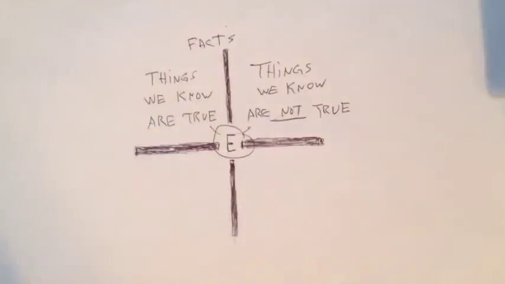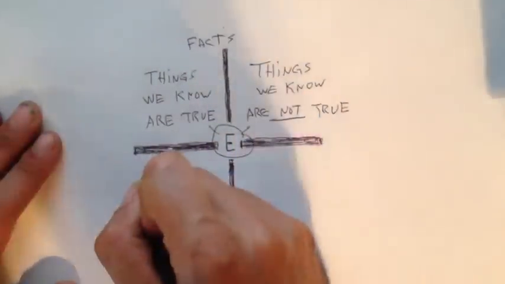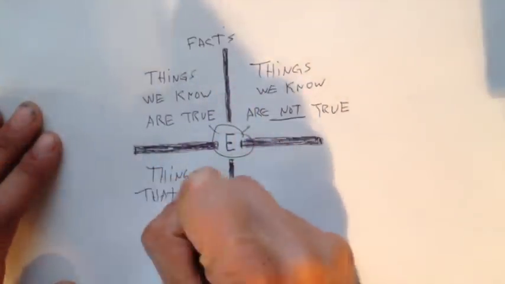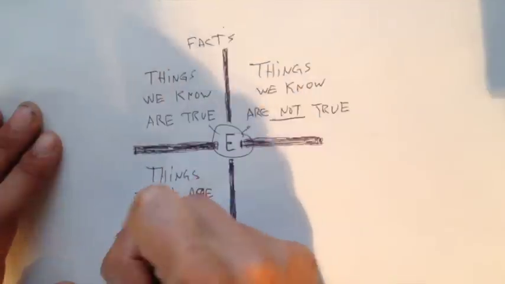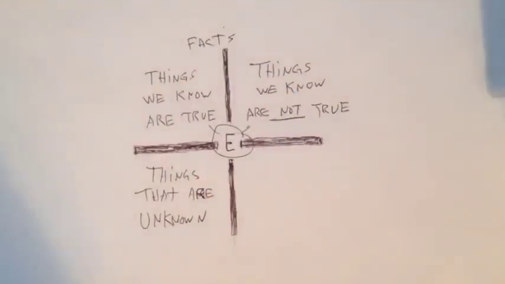And then there are things that are unknown. How are they unknown? Well, we don't have enough evidence yet. They can't be proven because we haven't gathered enough data, and so it's still questionable.